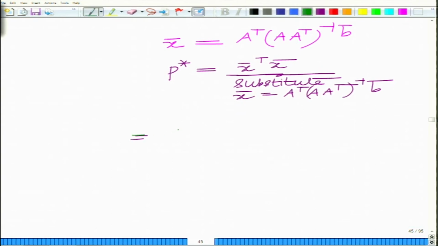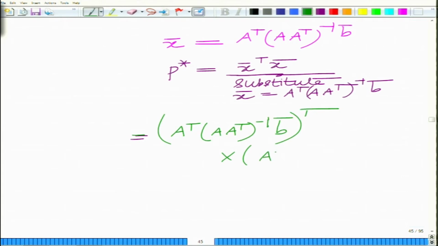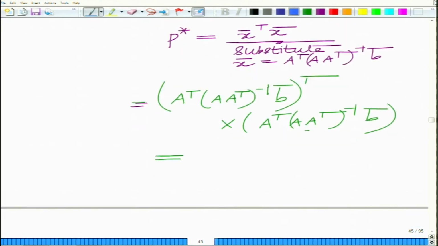That gives you (A transpose (A A transpose) inverse b bar) transpose into A transpose (A A transpose) inverse b bar, which you can simplify, and if you simplify it, what you are going to observe is this is b bar transpose (A A transpose) inverse into b bar.